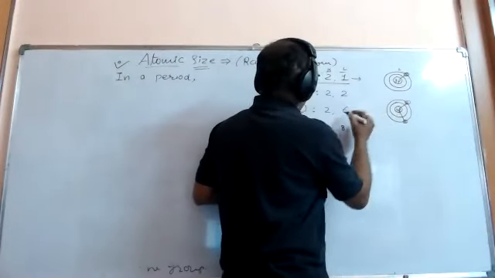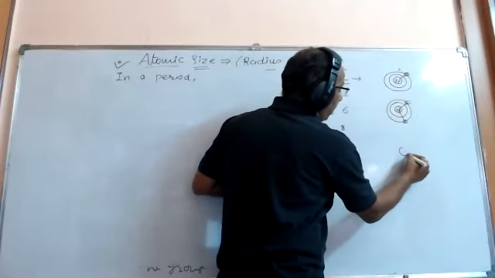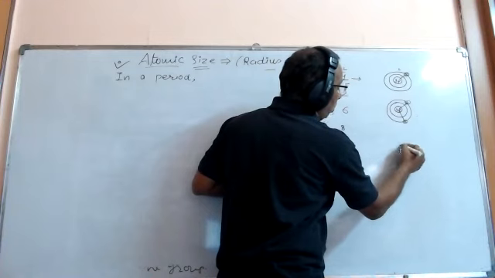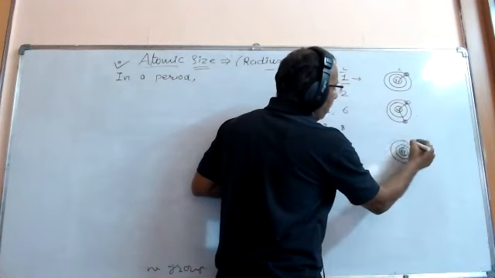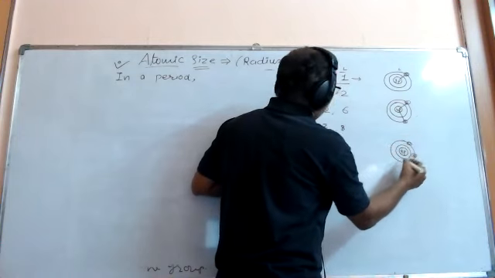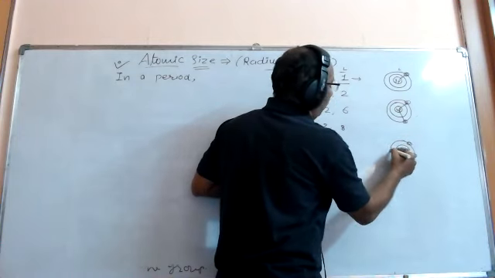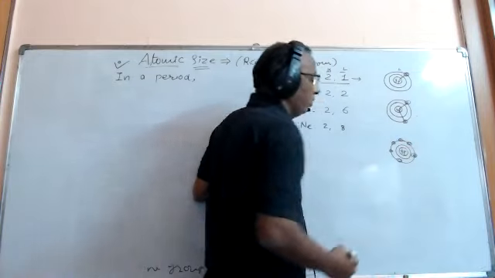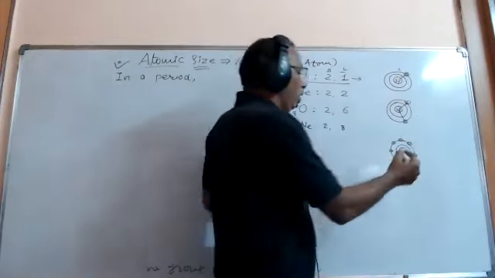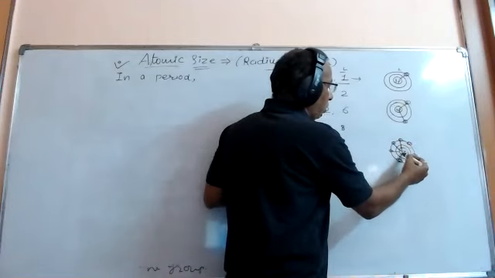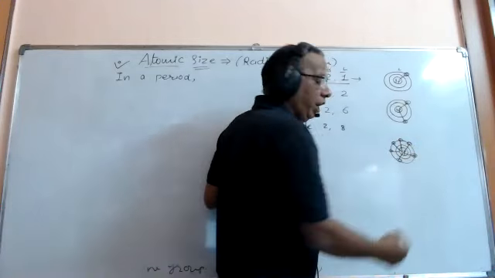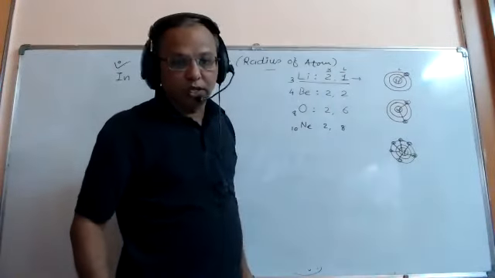If we think of oxygen, it has 8 protons in the nucleus, 2 electrons in the first cell, and in the second cell it has a total of 6 electrons, friends: 3, 4, 5, 6. So you can see the number of electrons here, and all these electrons are attracted by the same nucleus.